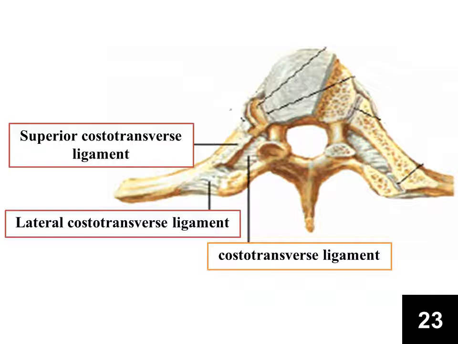This ligament connects the non-articular part of the tubercle of the rib to the tip of the transverse process. As you see, this is the tip of the transverse process on the right side, and that is the costal cartilage on the other side.